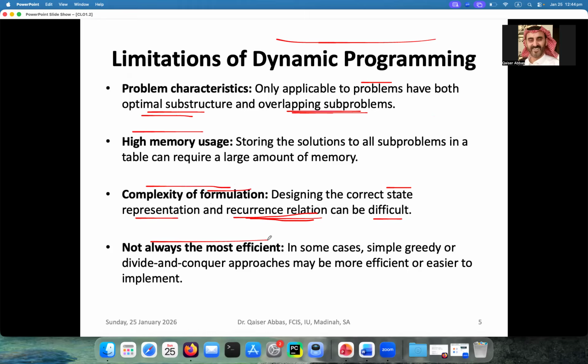For some problems, you can use DP, but if you use other simple algorithms like greedy or divide and conquer, which are the easiest ones, then sometimes these easy algorithms will give you a good solution, even a faster solution, as compared to DP.